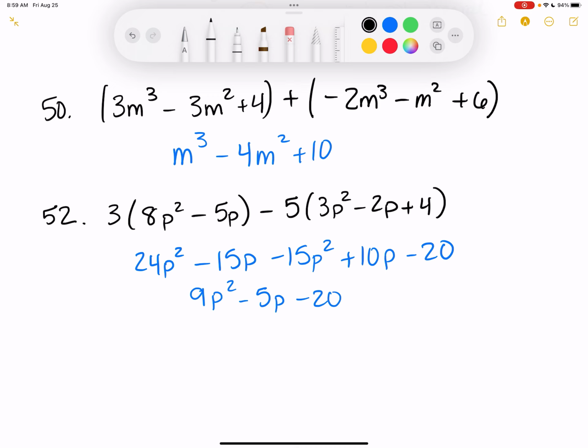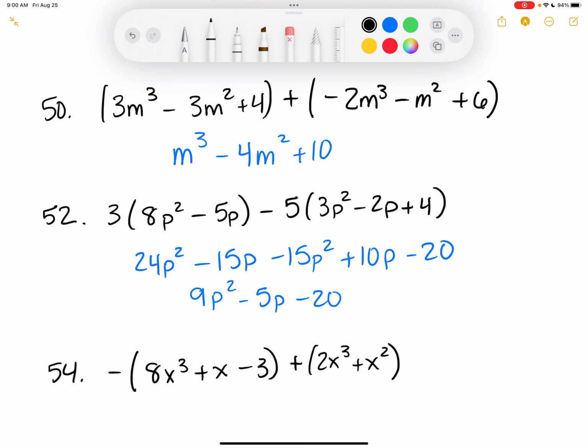So then one that's a little bit harder than that. Negative (8x cubed plus x minus 3) plus (2x cubed plus x squared) minus (4x squared plus 3x minus 1).